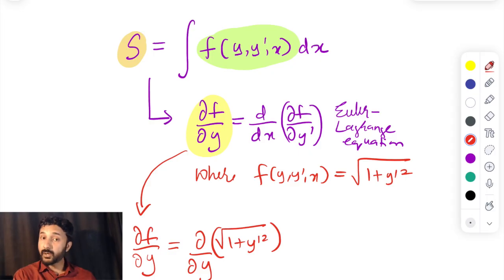Now here you have to pause before you start differentiating, even if you're aware of the rules of differentiation and how to deal with square roots and so on. The first thing you need to notice here is that this is a partial differentiation with respect to y. And if you look at the function, it does not involve y explicitly, right?